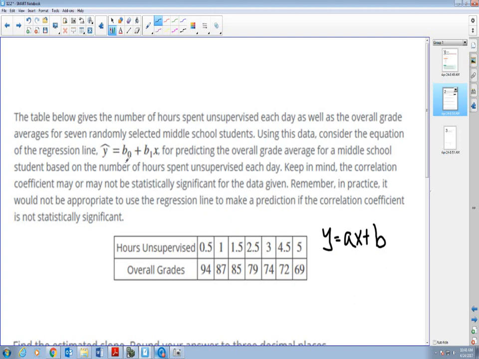So this y-hat form, b sub null plus b sub 1x. So b sub 1x has got to be my slope. In my form, the b sub 1 is my a, the b sub null has got to be my y-intercept. So one form is what's written in the textbook, the other form is what shows up on the calculator. A is b sub 1, b is b sub null.